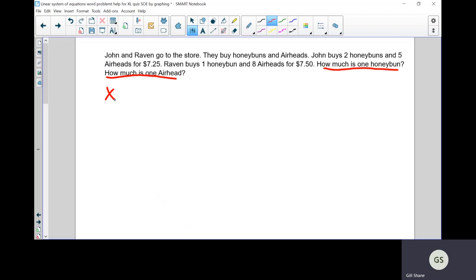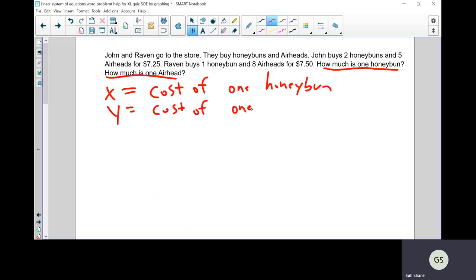So I'll say X is the cost of 1 honey bun. Y is the cost of 1 airhead. Boy, it's hard to write on these screens.